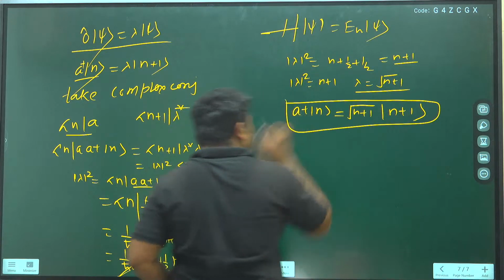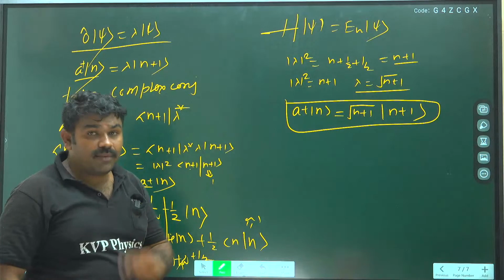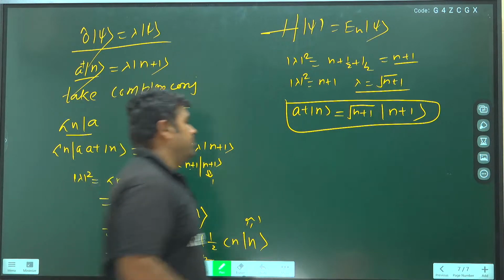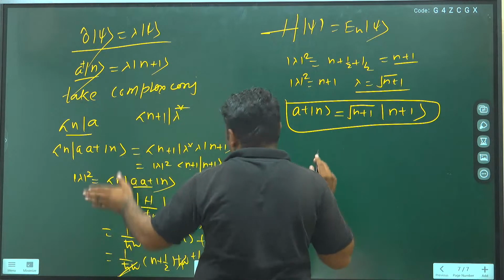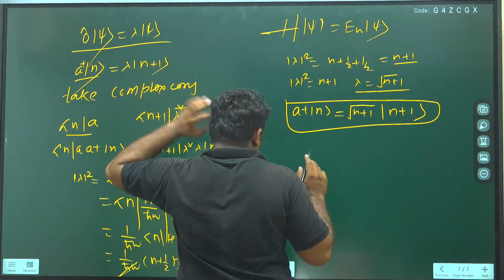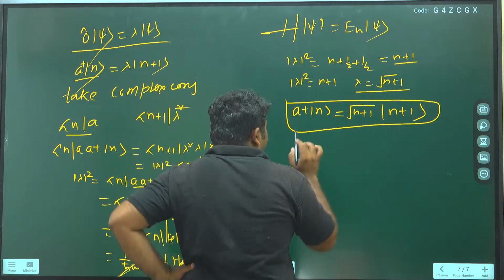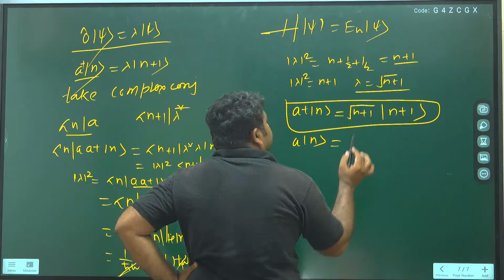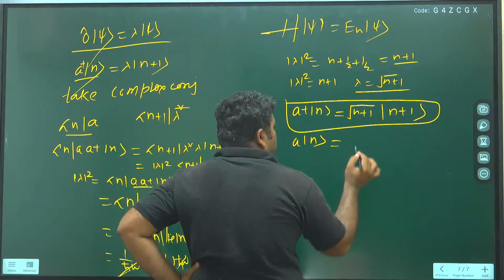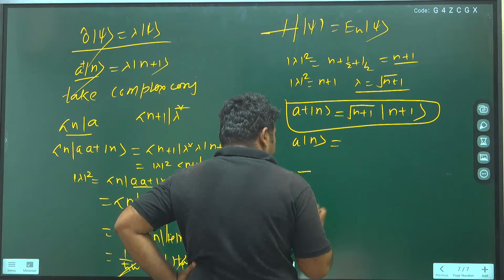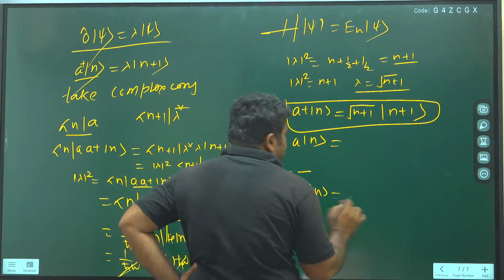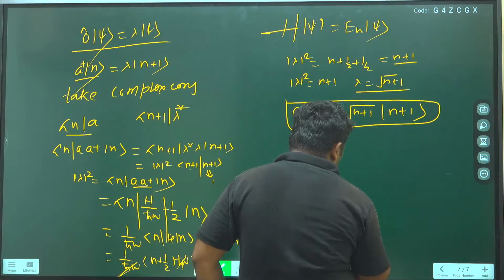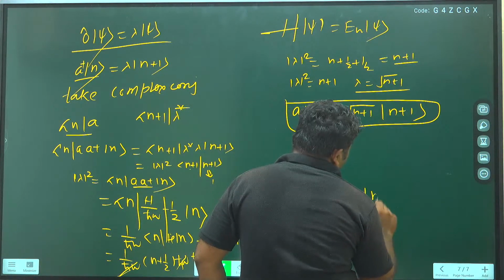What is the property of A dagger operate on any state? A dagger operate on any state, state increases by 1 and becomes root n plus 1. Similarly, same operation, here A operate on any state, we're getting the eigenvalue lambda and state decreases by 1. At that time, A operate on any state, here we can write down the root n, and ket n minus 1.